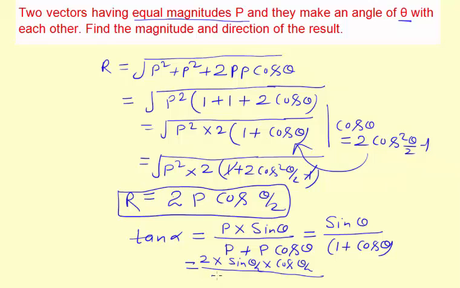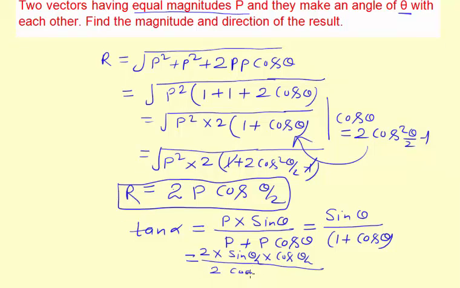So it becomes 2 cos square theta by 2, which I can write ultimately as tan theta by 2. So alpha comes as theta by 2. So this is the value of alpha here.